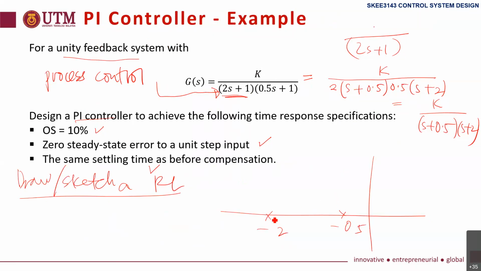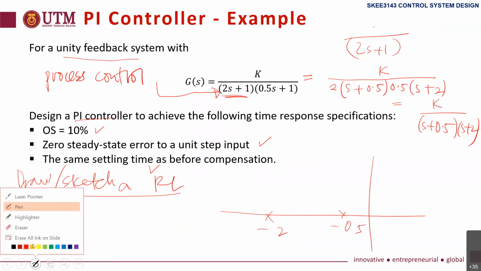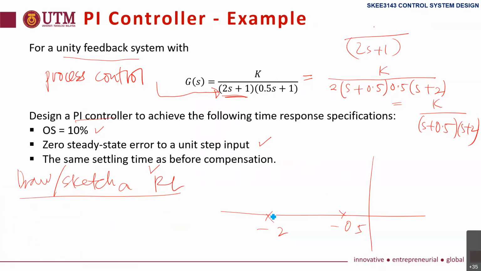We know the locus is here. It will go out like this, because there are two asymptotes, 90 degrees and 270 degrees. And we can find this point.